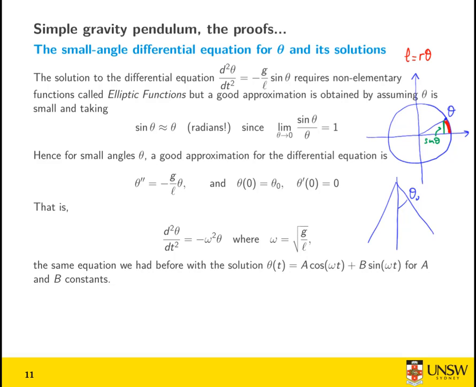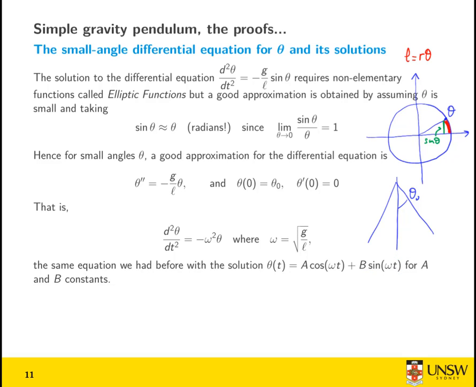In order to solve them, we just need to rewrite the negative constant as minus the square of something, which we can do if we let omega be the square root of g on L. In that case, we've seen in a previous video that the solutions of this differential equation will always be of that form: a constant times cosine omega t plus another constant times sine omega t.